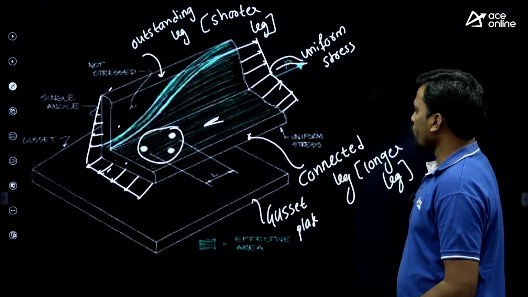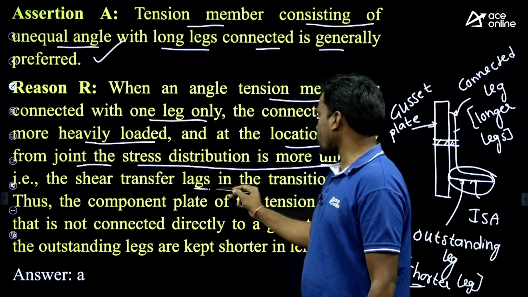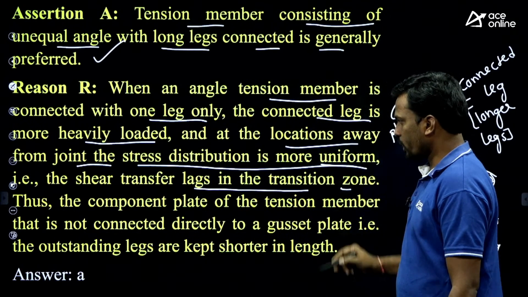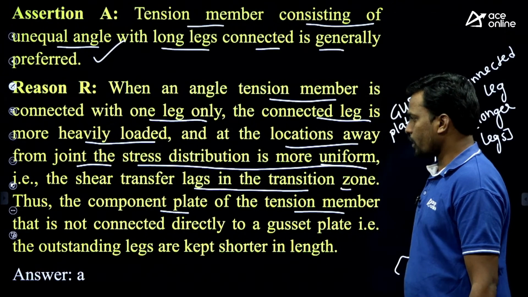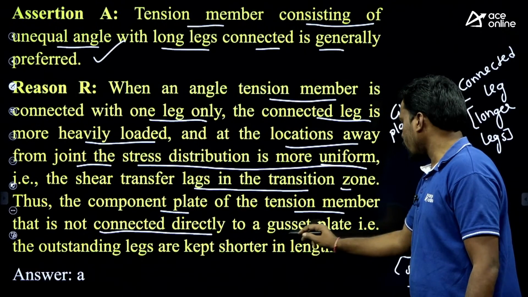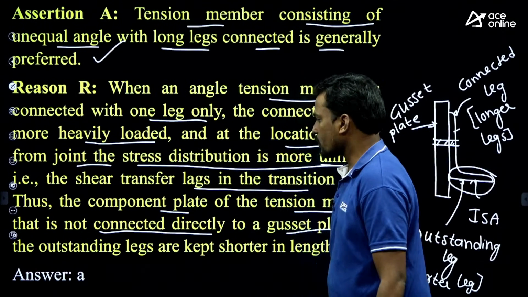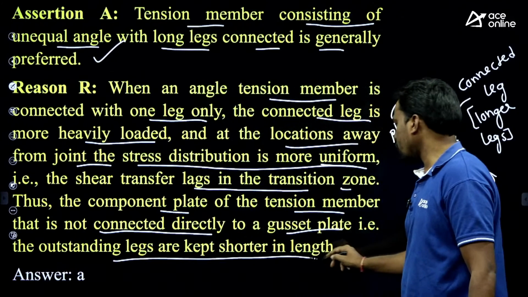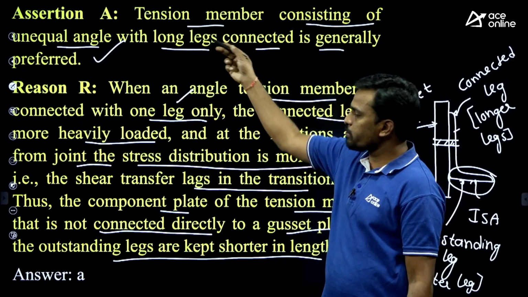Okay, right. Here, more uniform, that is shear transfer length in the transition zone. Thus the component of the tension member that is not connected directly to the gusset plate, that is, the outstanding legs, are kept shorter in length. Yes, statement 2 is also correct and the explanation is also correct.